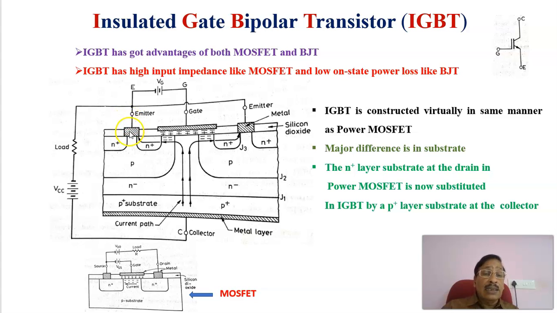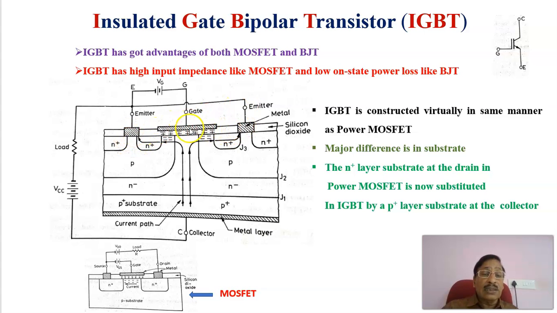Here is the emitter terminal, and this is also an emitter terminal, and above this there is silicon dioxide, an insulating material, above this n plus semiconductor material. This is connected to the output terminal like the emitter, and this is also an emitter terminal through the metallic contact.